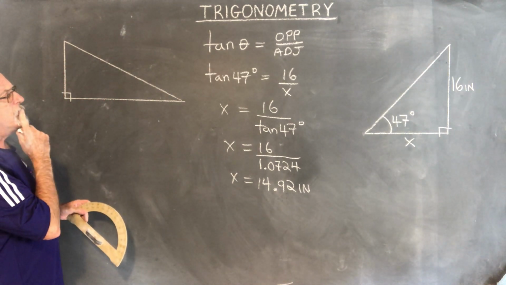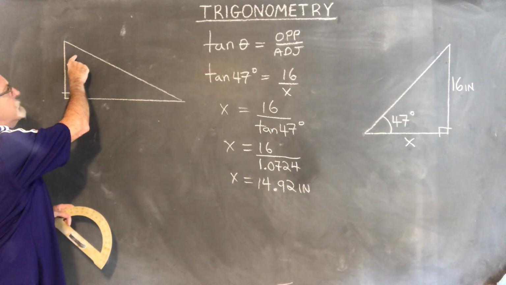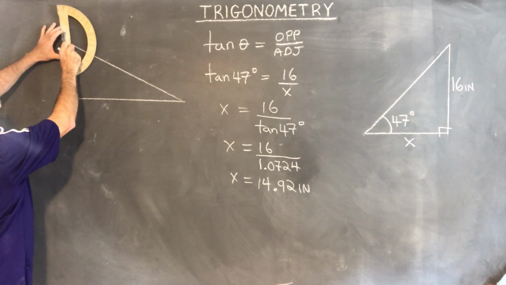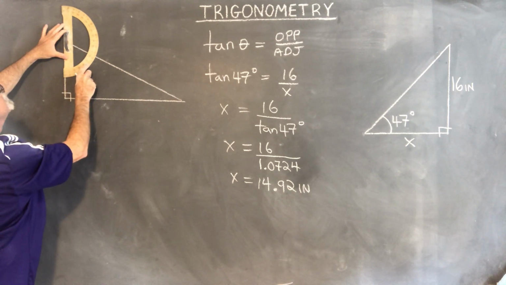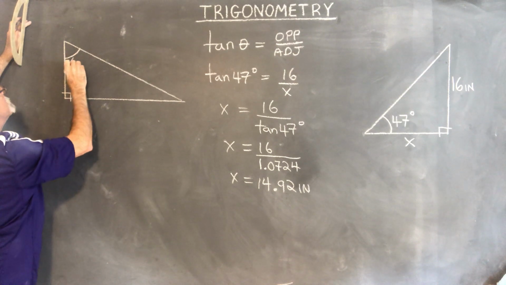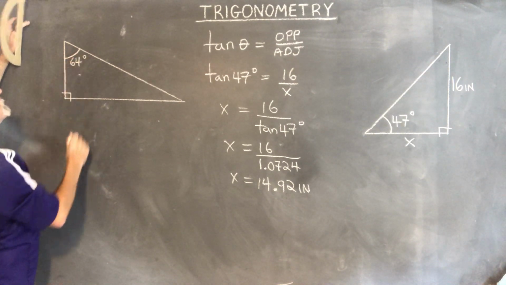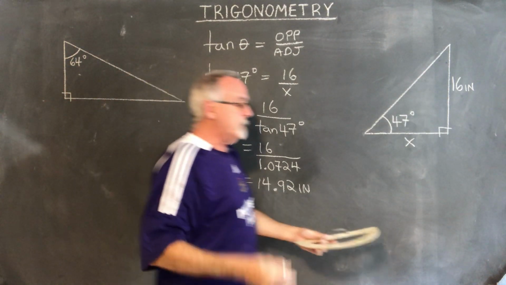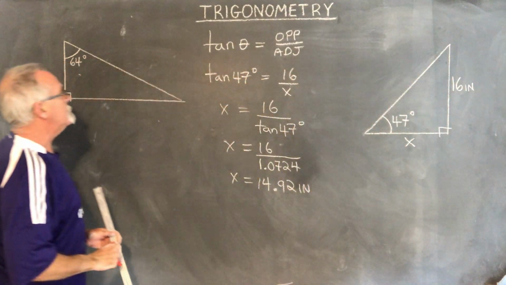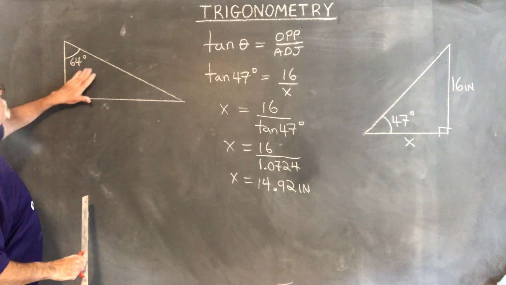So I can give either of these. I think I'll measure this one. And that looks like about 64 degrees. And I can also measure the side length, again, to make it match the drawing well, instead of just making up some random number.